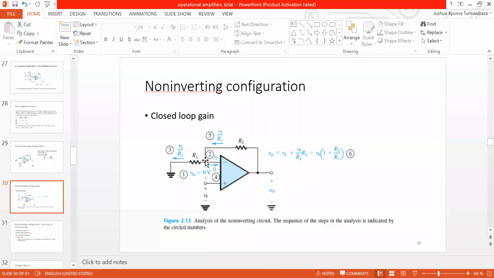So VI will appear there, because of the virtual short circuit between those two input terminals.